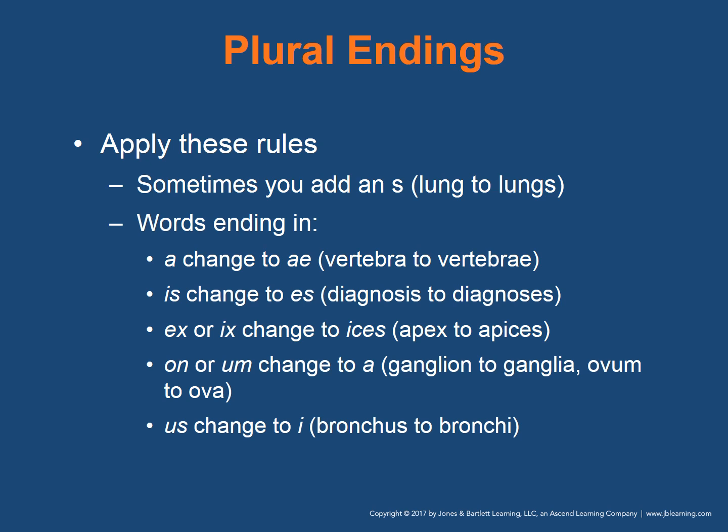As far as A, we'll change to AE, right? Vertebra to vertebrae. IS we'll change to ES, diagnosis to diagnoses, the apex to apices that we just spoke of. On changes to A, like ganglion to ganglia, ovum to ova. US changes to I, bronchus to bronchi.